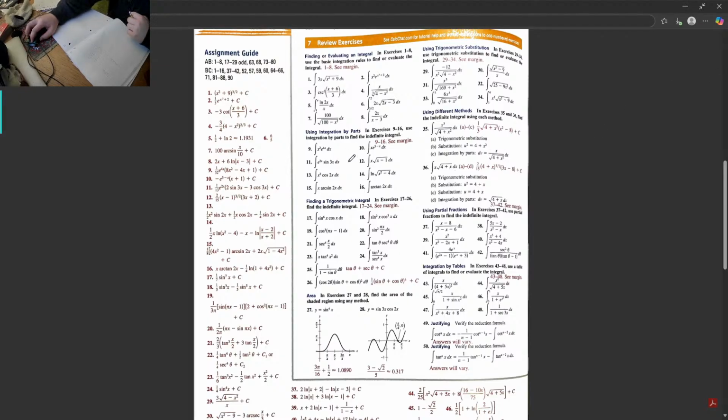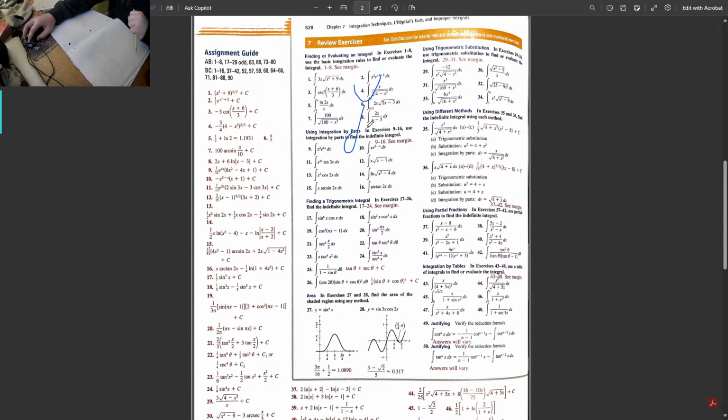Alright, so in considering the integral of e to the 2x times sine 3x, we have to assign both. We have to have u, du, v, and dv. And these are all just different expressions. So let's assign u to be e to the 2x, and that would make dv sine 3x.